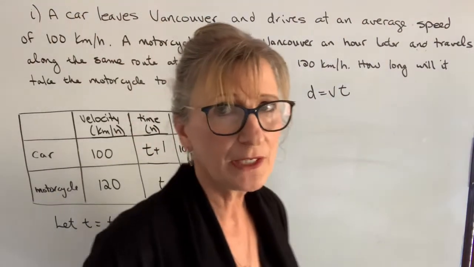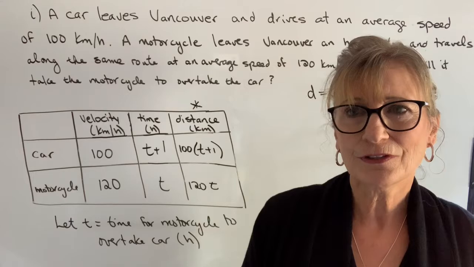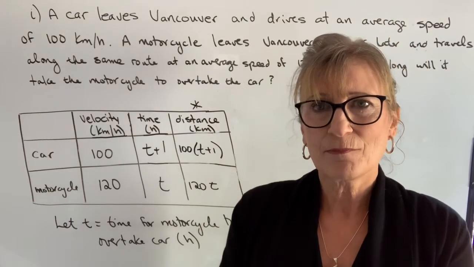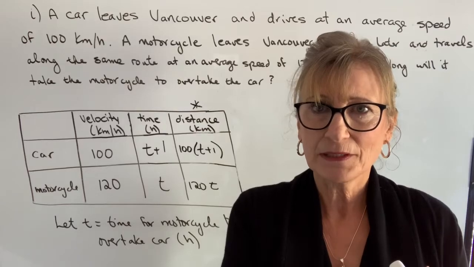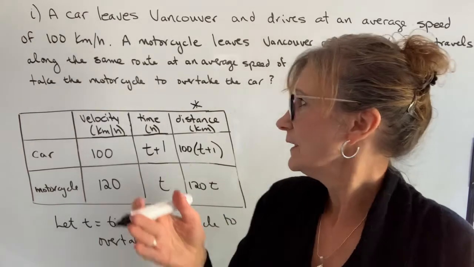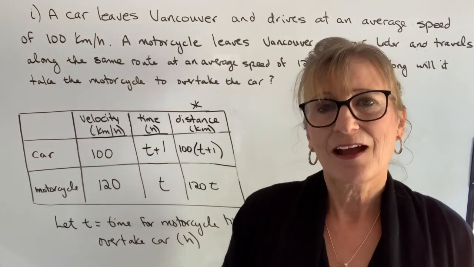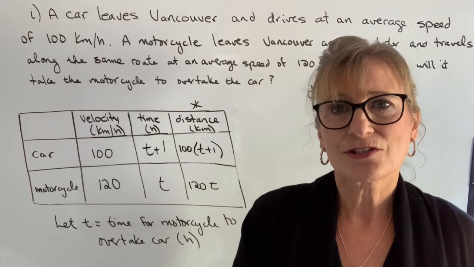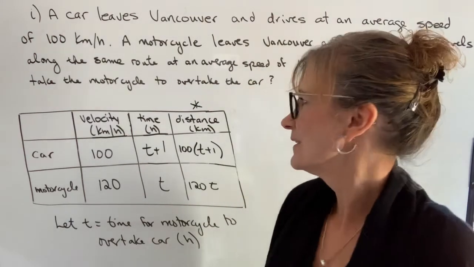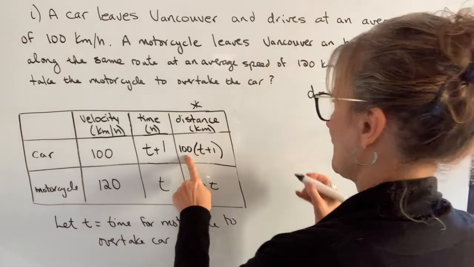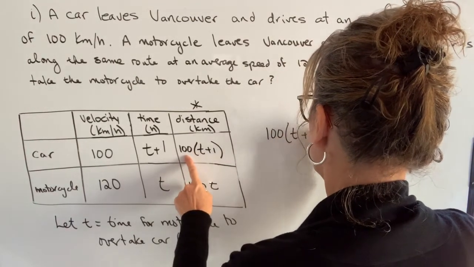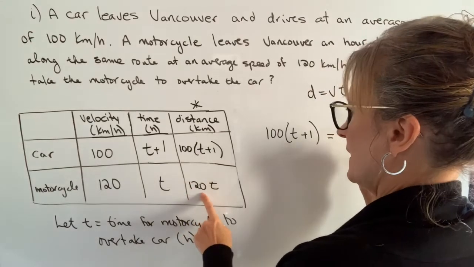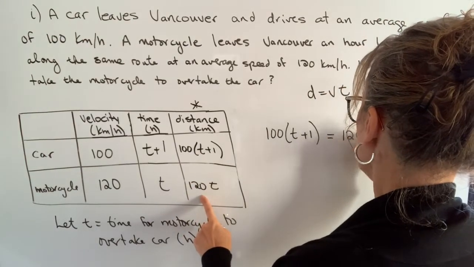Now, it doesn't tell me anything about the distance. However, if they start at the same point, they travel the same route, and they meet up, that means that they've traveled exactly the same distance. And that's our equation. That's our statement of equality. So the distance traveled by the car is equivalent to the distance traveled by the motorcycle.